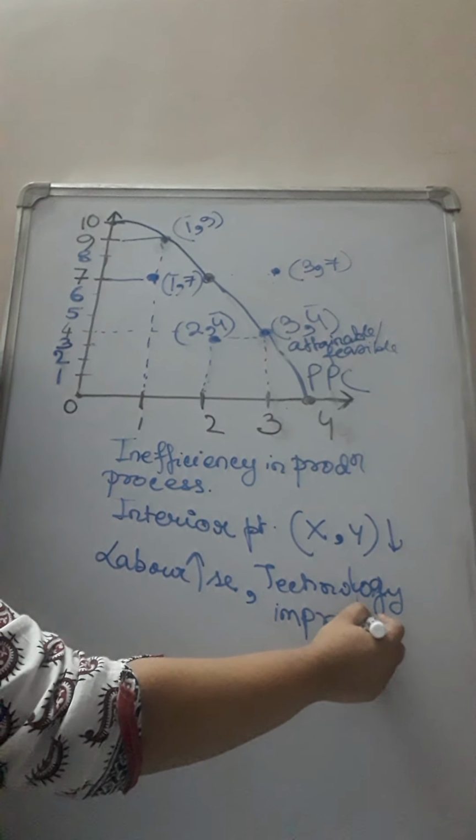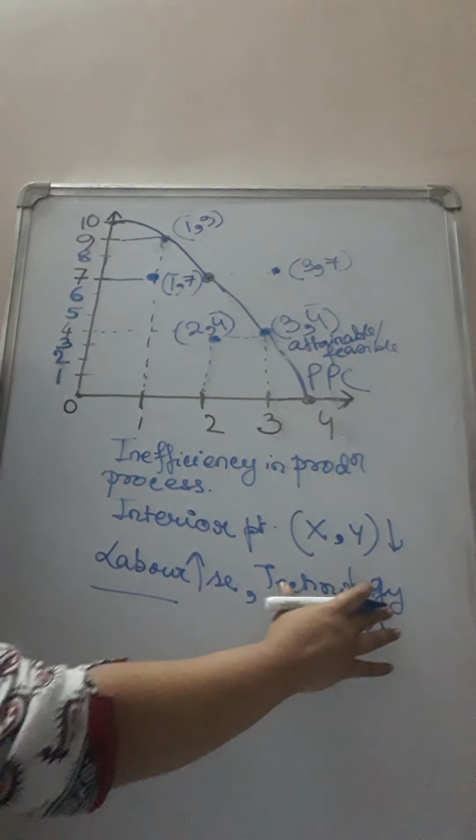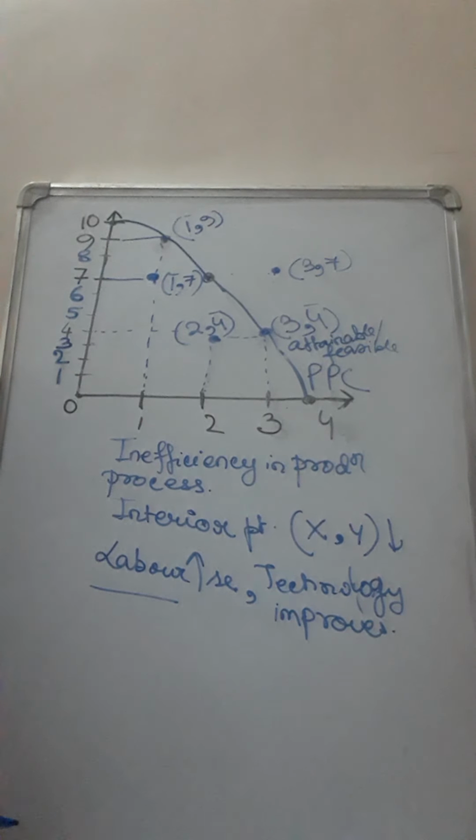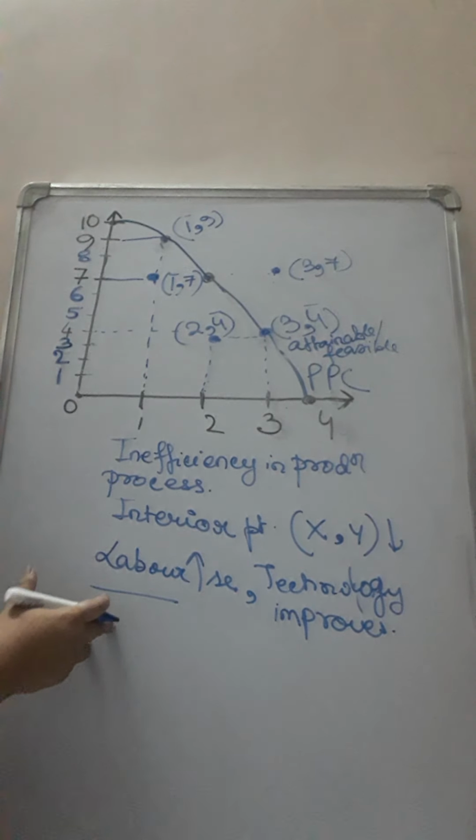Now, in our assumption we have taken that labor remains fixed, labor is not increasing, and technology is also fixed, technology is not improving. So the way you produce continues to be like that, and the labor remains the same.